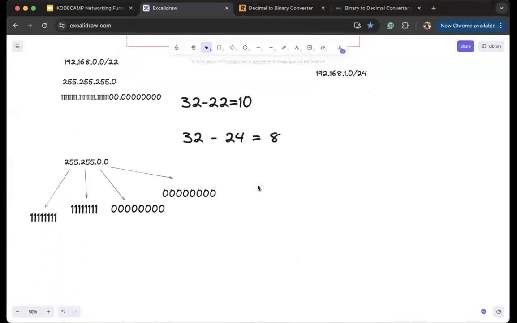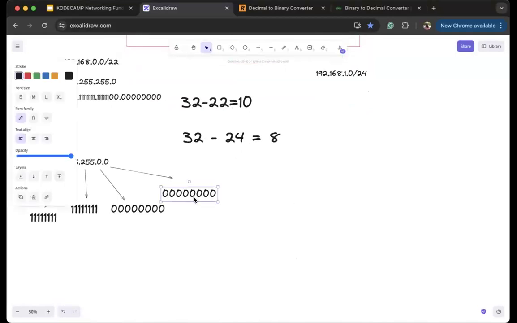I'm getting the values for my hosts, right? So I come with 0. So there's 0, 0, 0, 0, 0, 8 zeros, right? So that host is complete. I can now have the ones because I know that these parts are maxed out for my network. Okay.